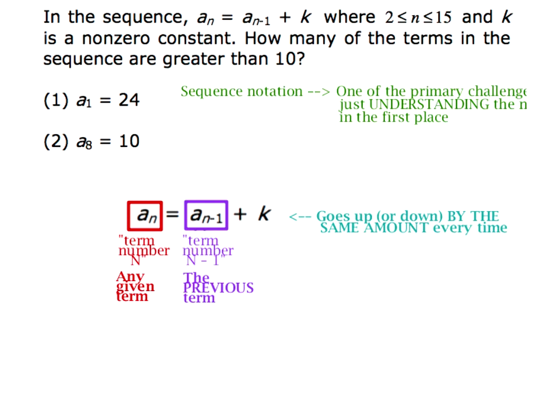All right, so remember that if you are not answering the right question, which people very commonly don't, then you're going to be in trouble here. You don't want to know what all the terms of the sequence are. You just want to know how many of them are greater than 10. So just note, in data sufficiency in general, if you are trying to answer any question other than this, you are in big trouble.